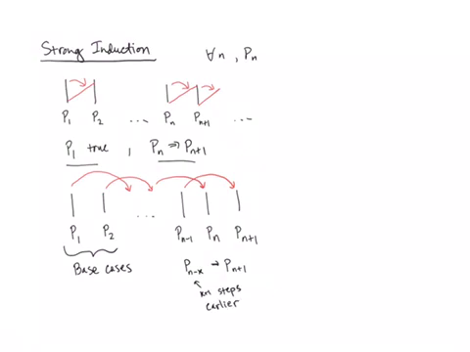So if that was the case, then your base cases would have to go all the way out to k plus 1, from P1 to P sub k plus 1. So you would have to change the picture here a little bit.